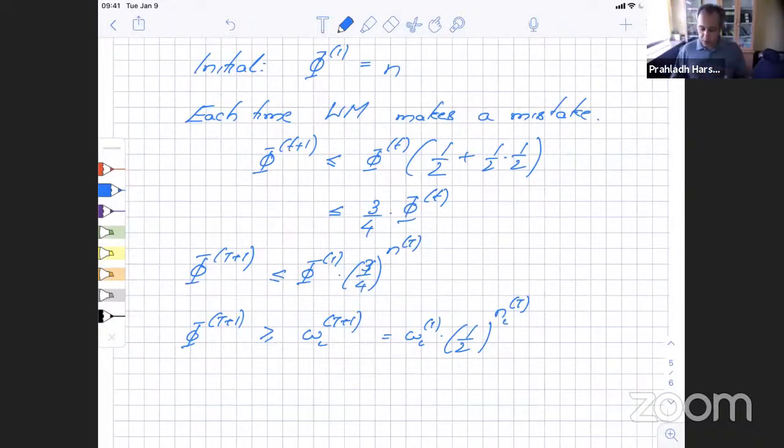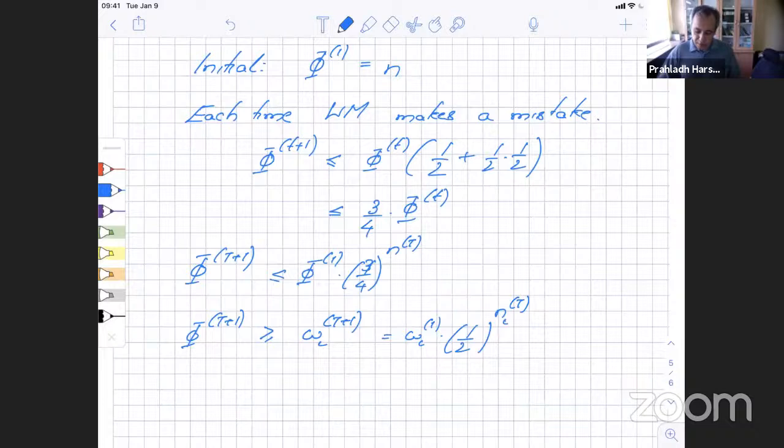On one hand, each time the algorithm performs wrongly, half the experts, according to this weight, have their weights reduced by a factor of half. Therefore, this potential function reduces by a factor of 3/4 each time the algorithm gets it wrong. For each individual expert, their weight falls by half each time they get it wrong.